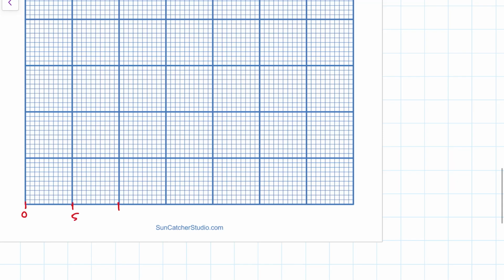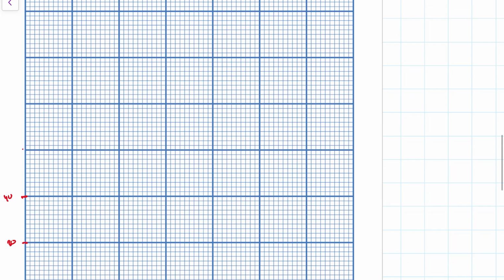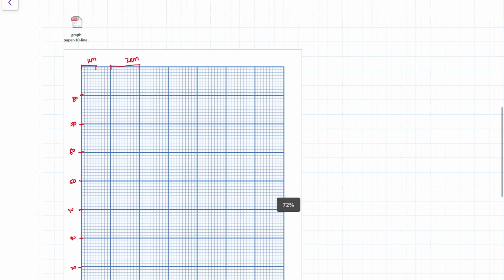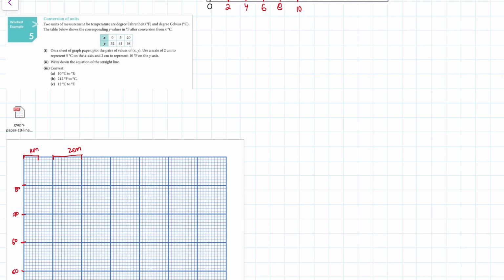0, 5, 10, 15, 20. 10, 20, 30, 40, 50, 60, 70, 80. Okay, let's put the values. So at 0, it's a 0, 32.